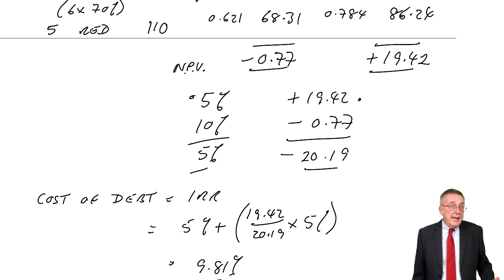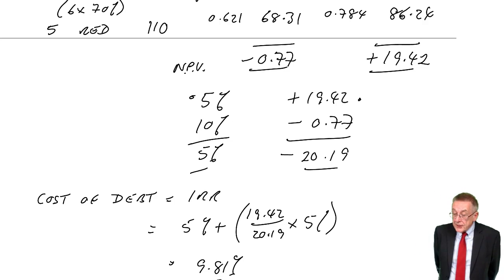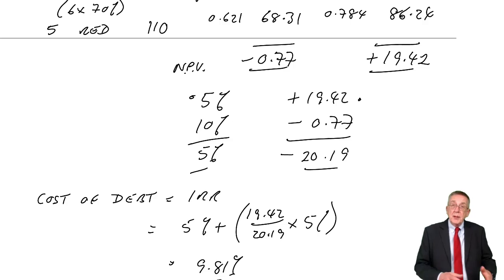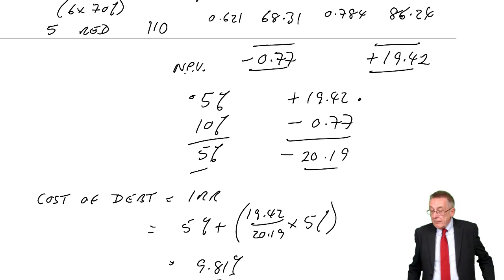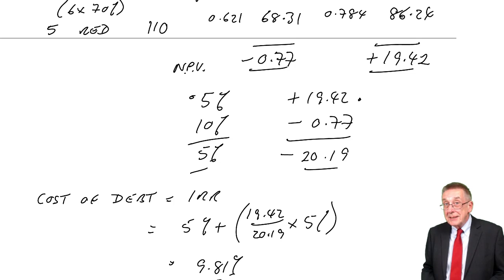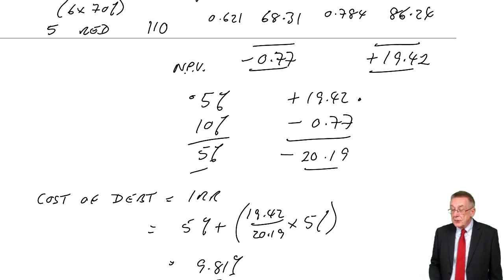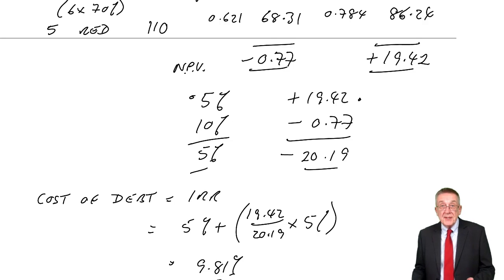In sections A and B, the 2-mark questions, because people use different guesses and therefore would get slightly different answers, you'd almost certainly be asked for it to the nearest percent. And whatever guesses you've used, the nearest percent you should get here is 10%.